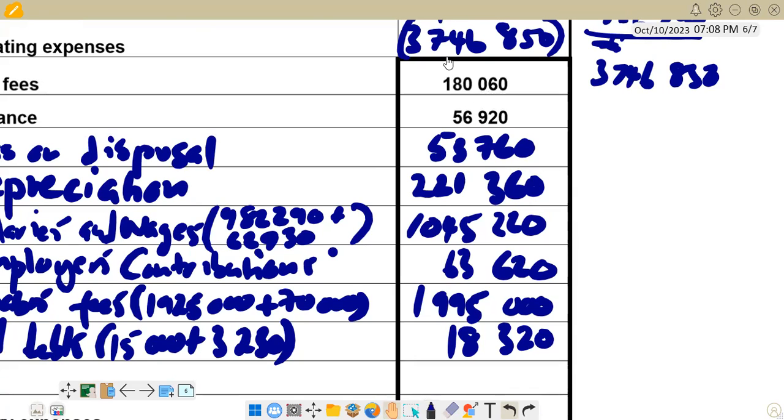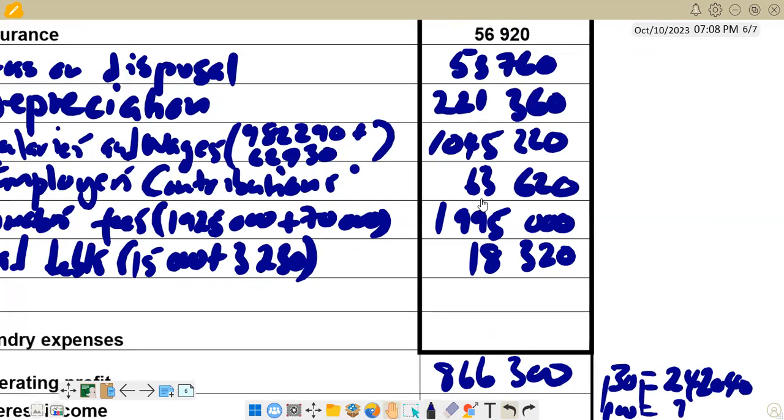Then you subtract the total from the total for operating expenses, which is 3,746,850. If you calculate correctly, you get the figure for sundry expenses, which is 112,590.